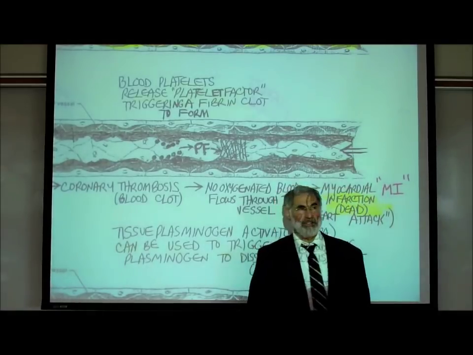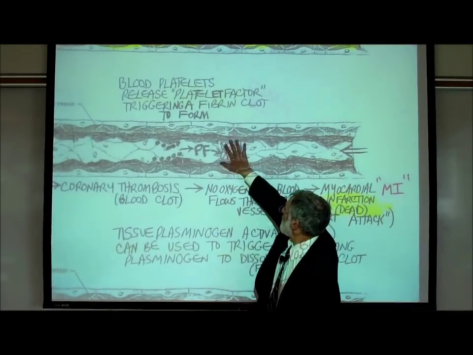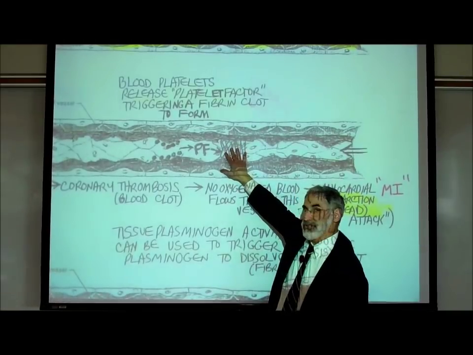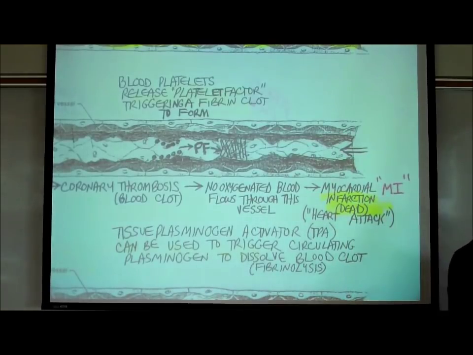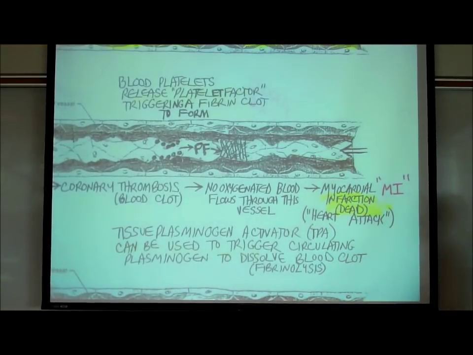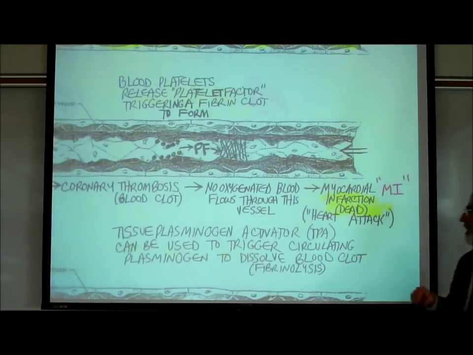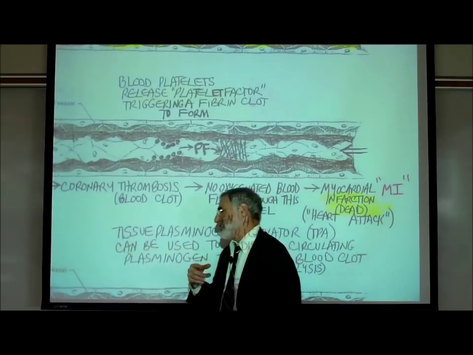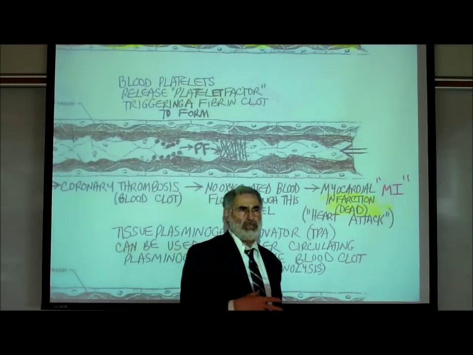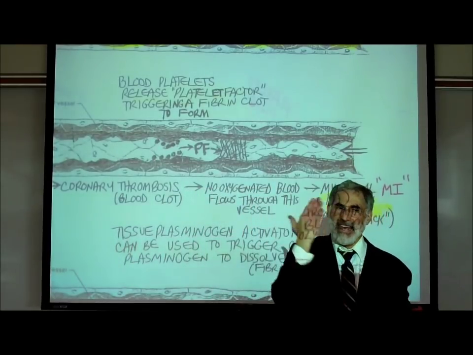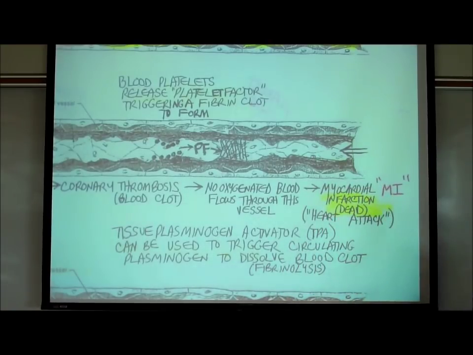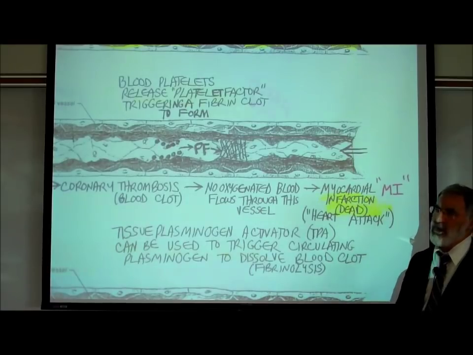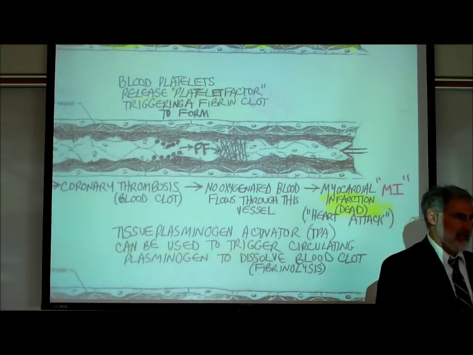Now, what they can do is, if this clot, this is called a coronary thrombosis, was really due to a blood clot being initiated because of all that clogged up fat on the inner wall of the coronary artery. We had said on the previous page that there is this chemical called tissue plasminogen activator, or TPA, that can activate this protein circulating in our bloodstream called plasminogen, turn it into an active form called plasmin that dissolves the blood clot.